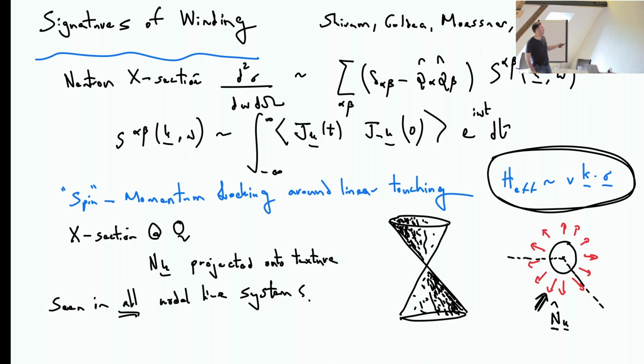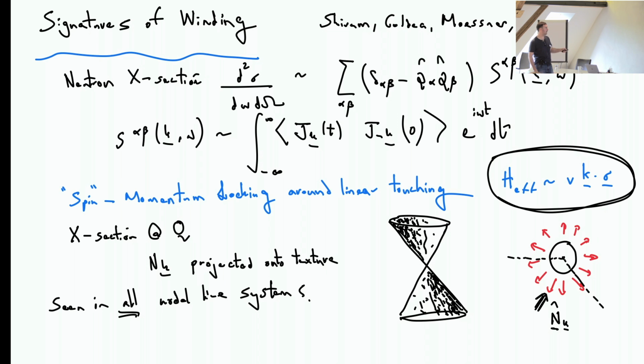And it turns out that neutron scattering is a very nice probe of these kinds of things. So the neutron scattering cross-section, so scattering these neutral particles off magnetism, measures this dynamical 2-point correlator. And it turns out that this effective Hamiltonian in the vicinity of these linear touching points leads to winding of the intensity around these points in this way.